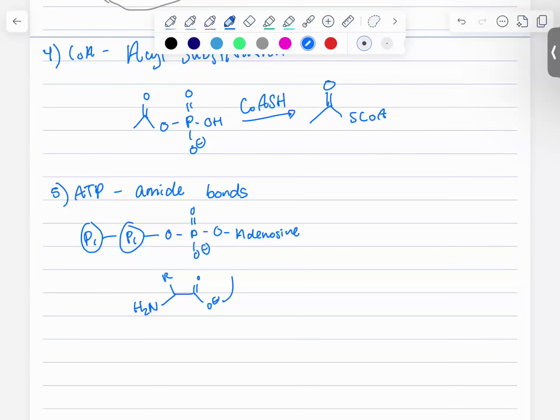It could tack here and push up on that oxygen, where we get this intermediate that then will collapse and kick off two of these phosphate groups.